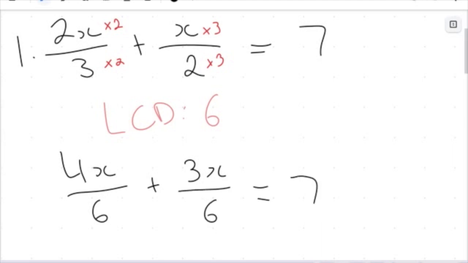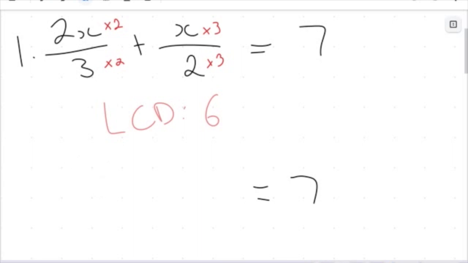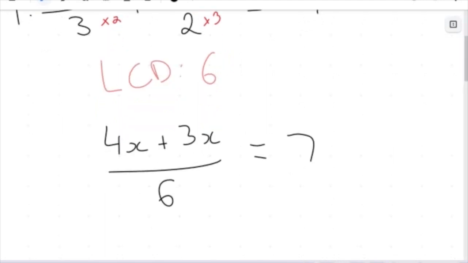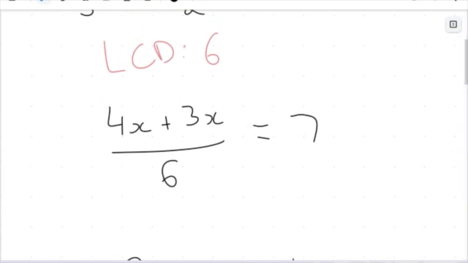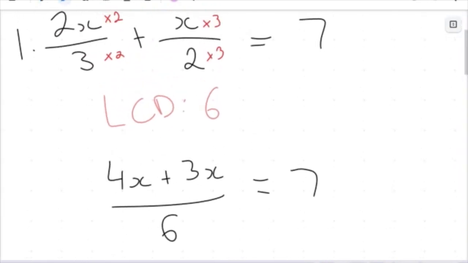and that equals 7. And now because we're adding fractions with the same denominator, we can just express this as one fraction. So this I can rewrite as 4x plus 3x over 6. And also, we now know because we have both x terms on the top, these are algebraic like terms.